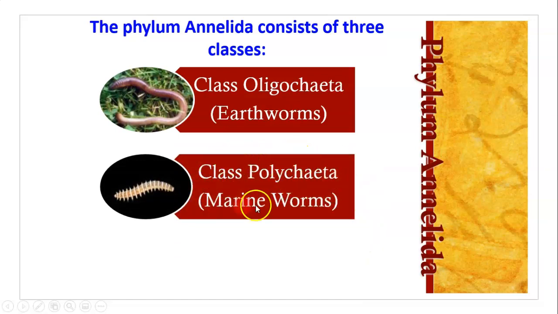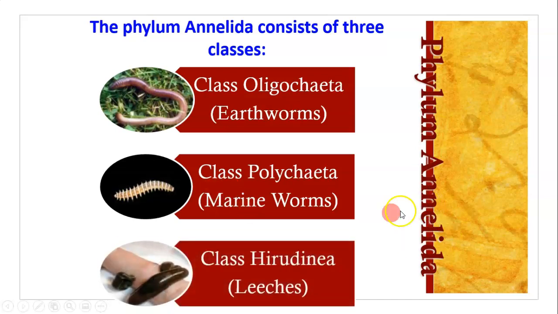Tomorrow in class for our creature feature, we're going to feature an animal from this class called a bobbit worm, which gives me nightmares. It's kind of a terrifying creature that lives in the ocean. And then another animal that gives me nightmares sometimes, and if you remind me, I'll tell you a story about it sometime, is the leeches, which is the class Hirudinea.